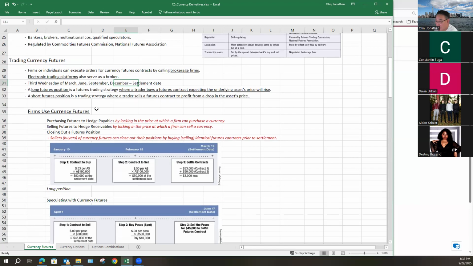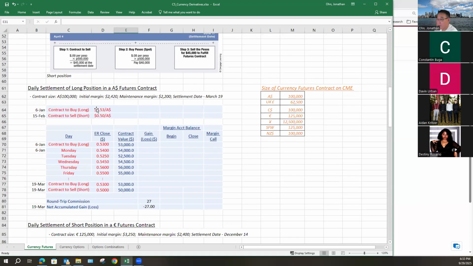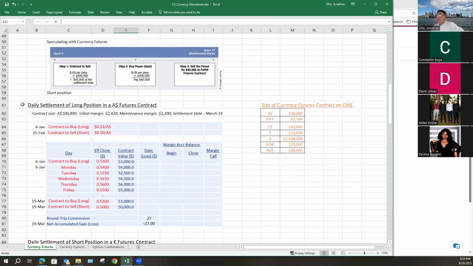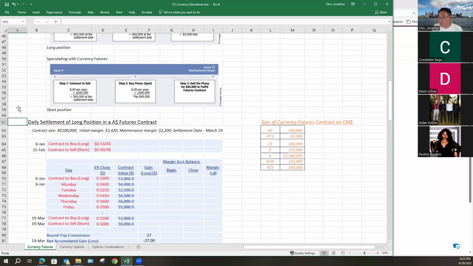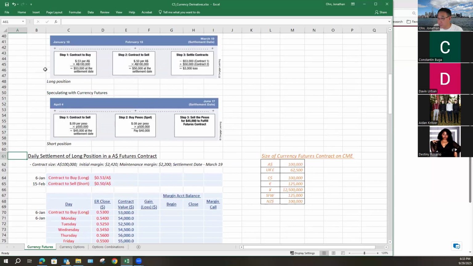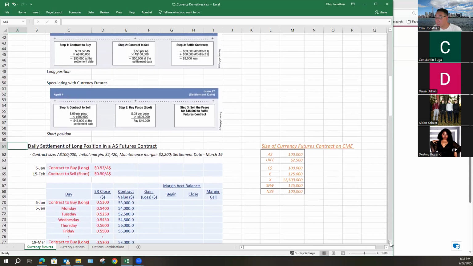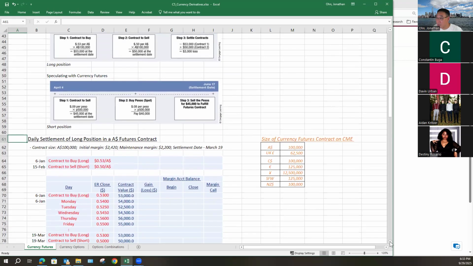So let me explain that in this story, okay? Daily settlement of the long position in the Australian dollar futures contract. So I use this idea on here. It says contract size is 100,000 Australian dollars, as you see there, right?